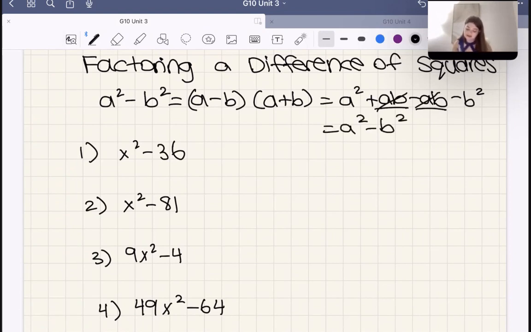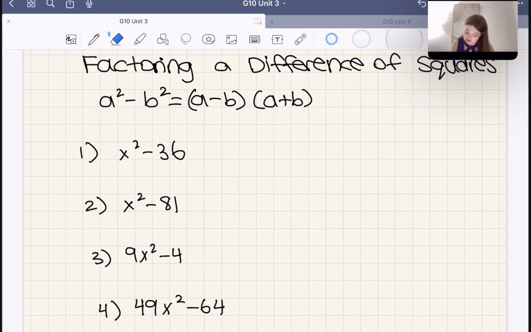So when we have a difference of squares, we can always factor it this way, regardless of what those squares are. The reason I'm using a and b here is just to show this as a general rule with a general example to show that it's true for all a's and all b's, right? So we can use the same method for x squared minus 36.